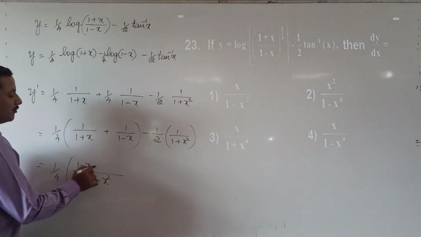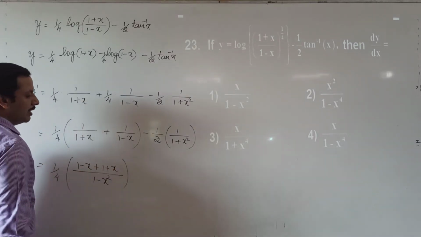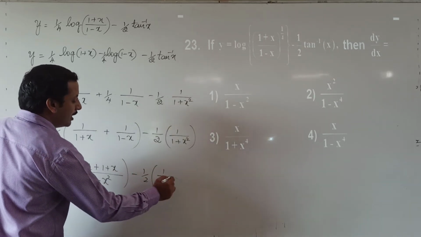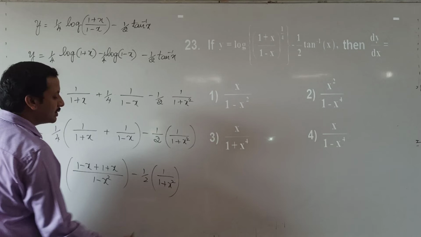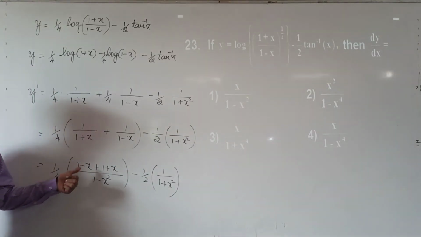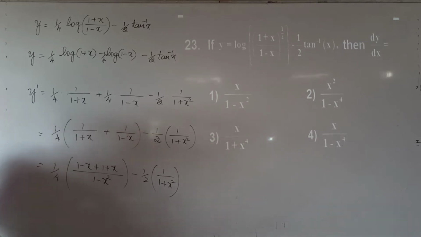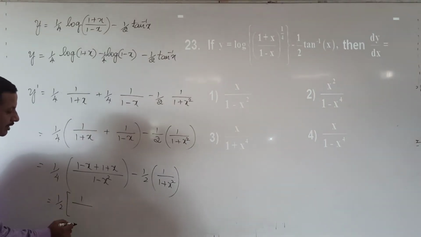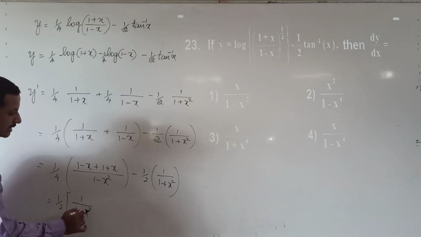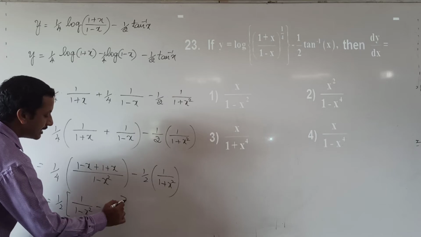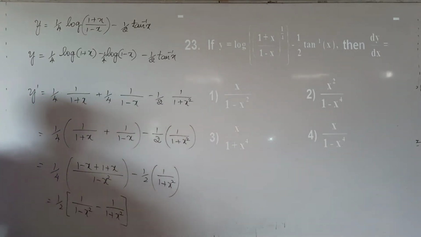This numerator will become 1 minus x plus 1 plus x minus 1 by 2 into 1 by 1 plus x square. Okay, here x gets cancelled, 1 plus 1 is 2, 2 gets cancelled, here 1 by 2 will remain. I will take 1 by 2 as common, then we are left with 1 by 1 minus x square minus 1 by 1 plus x square. This 1 by 2 I have taken common.